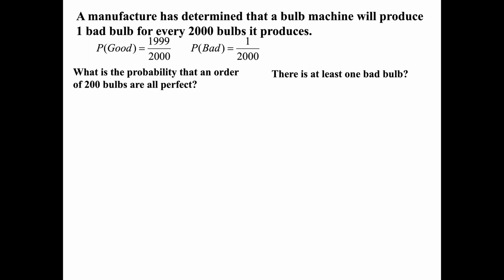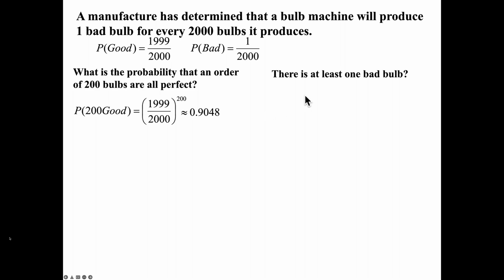Okay, so the probability of good is 1,999 over 2,000, and we want 200 to be good, all of them, so that's this probability to the 200th power. And that's going to come out to be 0.9048 if we round it to 4 decimal places, just over 90%.